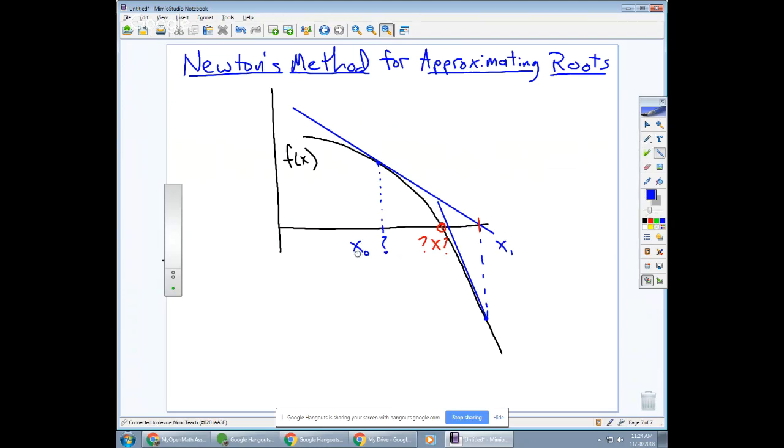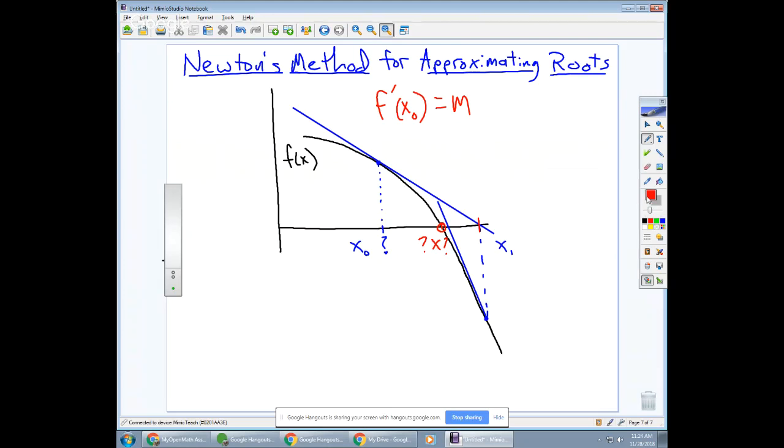How do we find a tangent line? Well, in this case right here, we have x0. We need to know what f prime of x is. So we calculate f prime of x, and we plug in our guess. That's going to give us the slope, right?